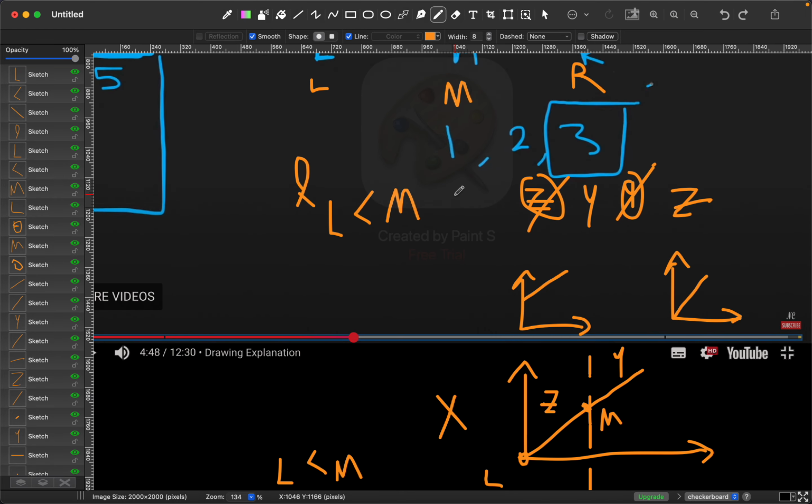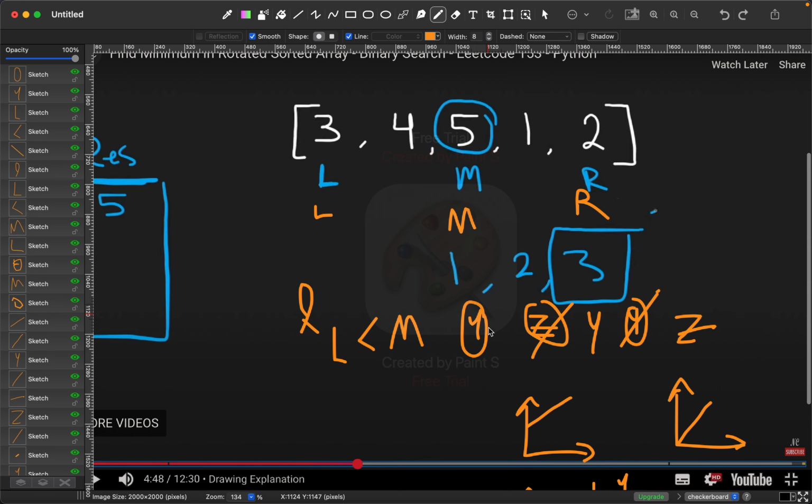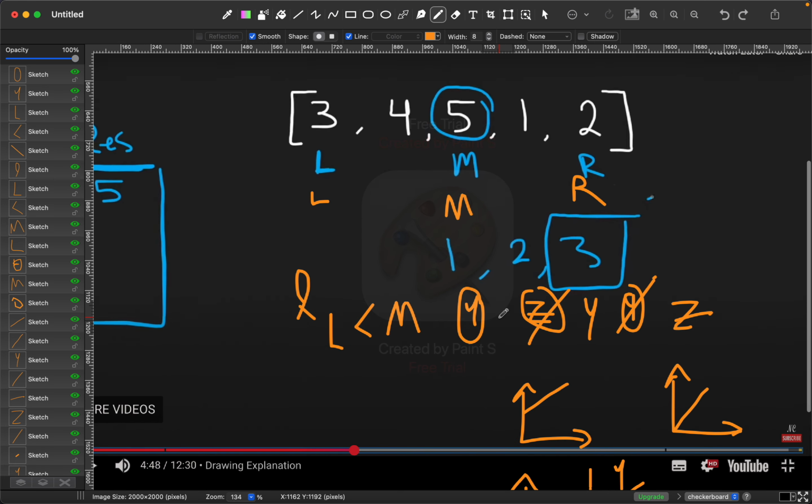So when it's normal, I fall under the category of the Y graph. But on the flip side, I'll say that it's the other graph. So for this case, it's the Y graph, right?